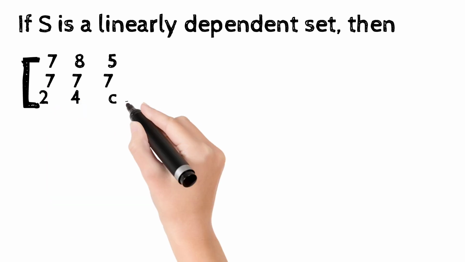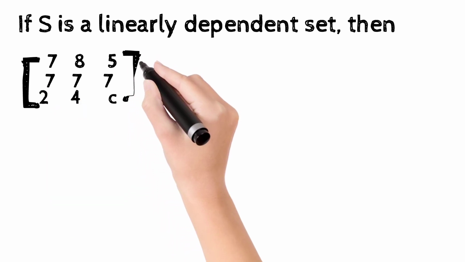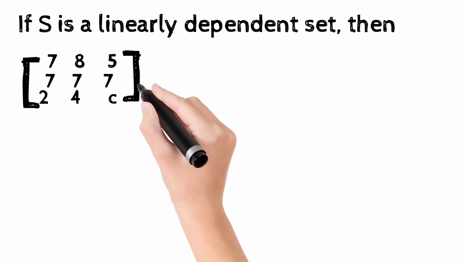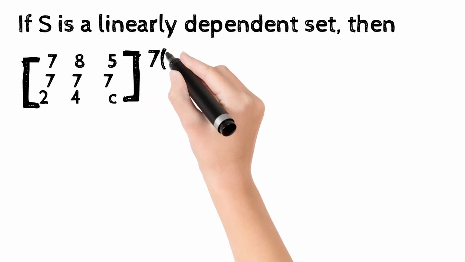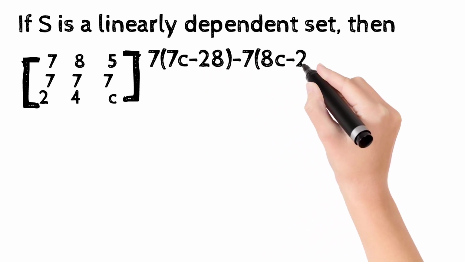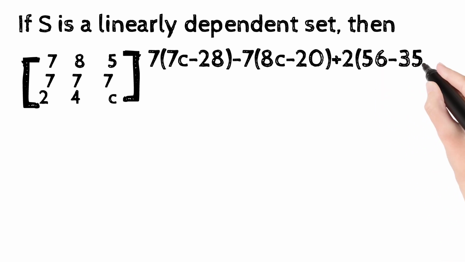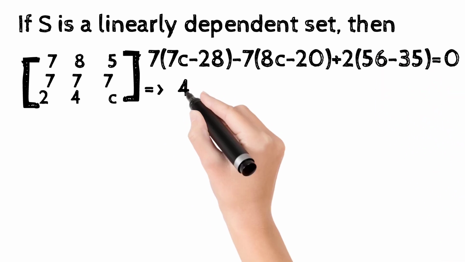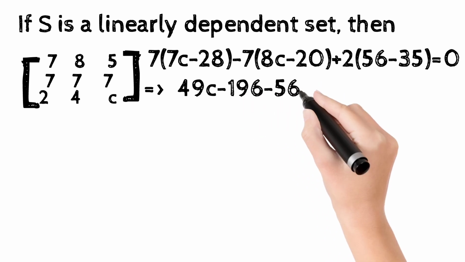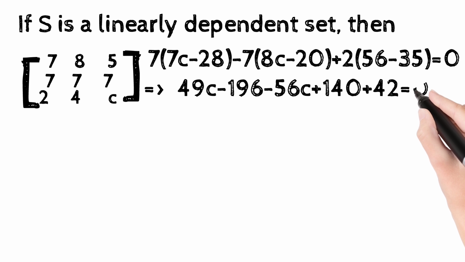And after that, we'll solve this given set by the process of cross multiplication. Then we have 7 into (7c - 28), then minus 7 into (8c - 20), plus 2 into (56 - 35), equals 0. And in the next line we have 49c - 196 - 56c + 140 + 42 = 0.